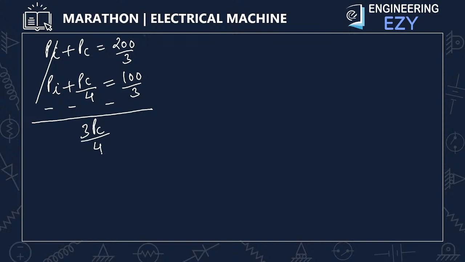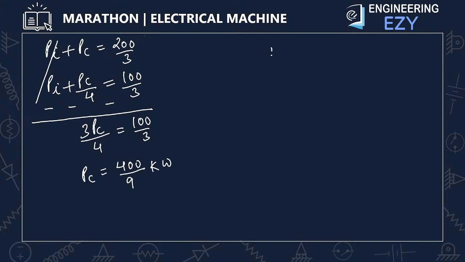Yes, Abhishek is also giving 88.88%. Very good. So 3 Pc by 4 is 100 by 3, so Pc is equal to 400 by 9 kilowatt.